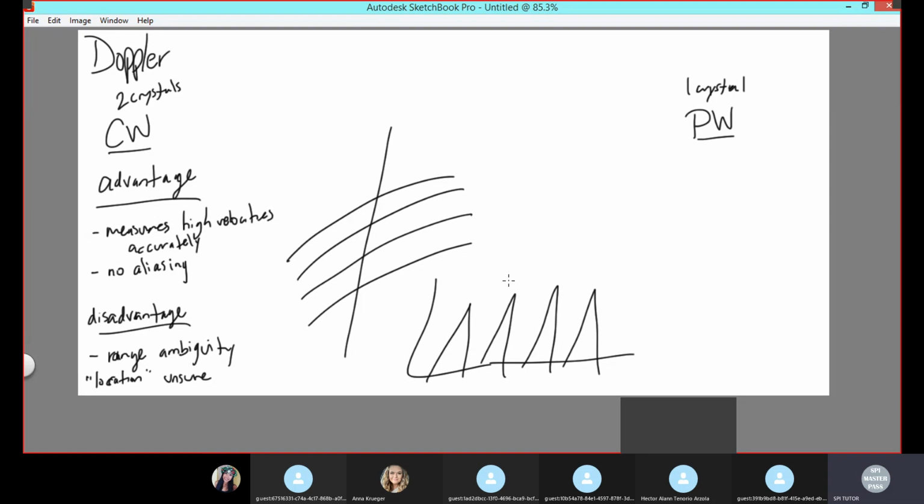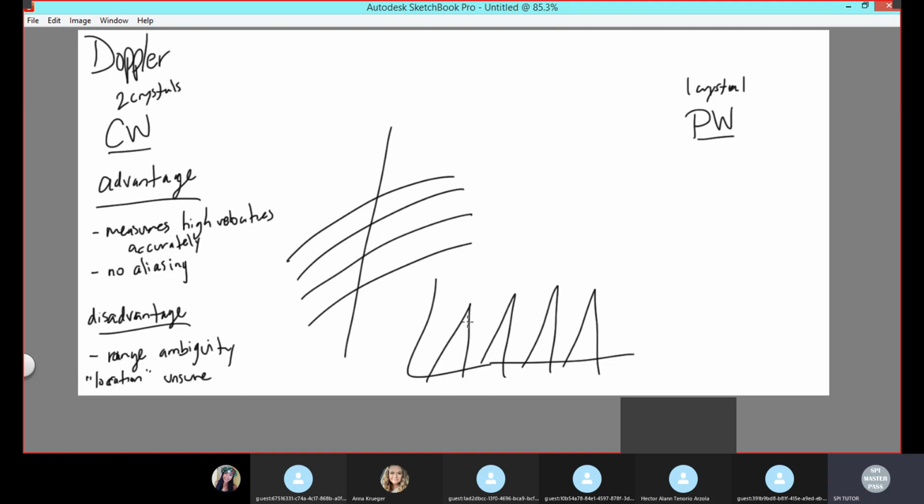Now, we normally don't see this as much of an issue because we use color and then we use continuous wave. Okay, and then we'll talk about why color figures things out in this case. That's actually for Friday. But we use color and then we use continuous wave. So color pinpoints where the fastest velocity is, and then we use continuous wave.